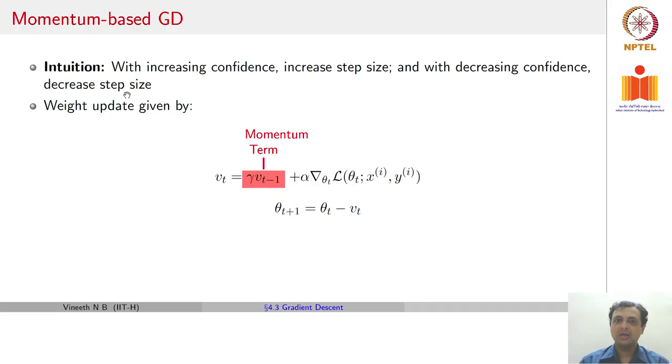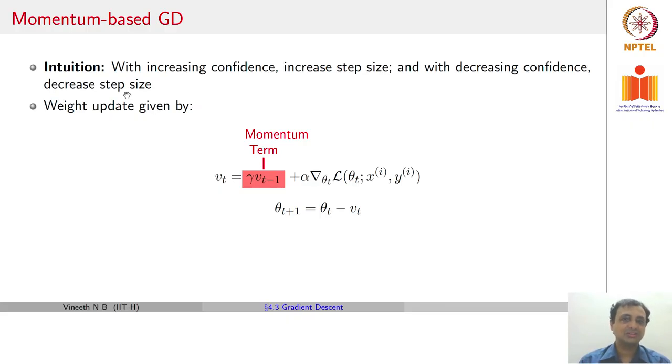Because now, if I were traversing the error surface of this neural network, let's say I was at a particular point and I have been coming down in a particular direction all the while, and at one point the gradient at that point, as I tap my stick around, tells me to go in a very different direction. The question I would ask is, should I completely change direction now? I have been coming along one way so far. Should I completely change direction now?